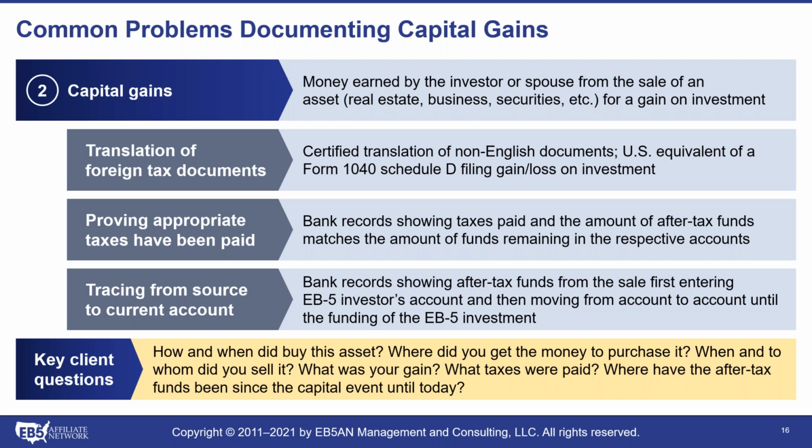And what may end up happening is if there is a recent capital event and taxes are not yet due, then that letter from the tax professional will indicate as such, and it's possible that the U.S. government later issues a request for further evidence, or RFE, to confirm that that tax actually has been paid.